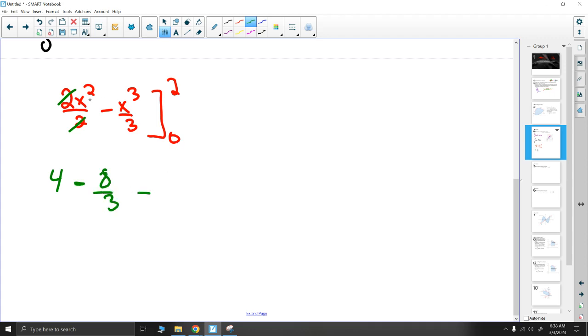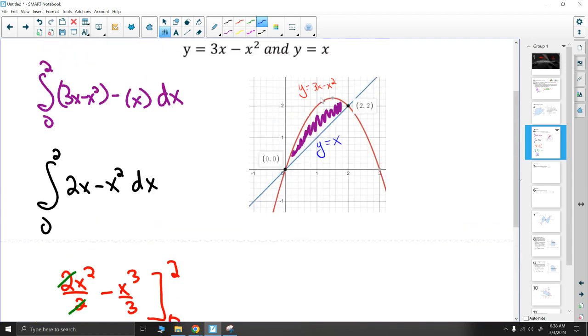And then it's minus plug 0 in. Well, that's just going to be 0. Okay. So if this is 3, this needs to be multiplied by 3 as well, so that would be 12. So 12 minus 8 is 4/3. And this is the area between these two curves here.